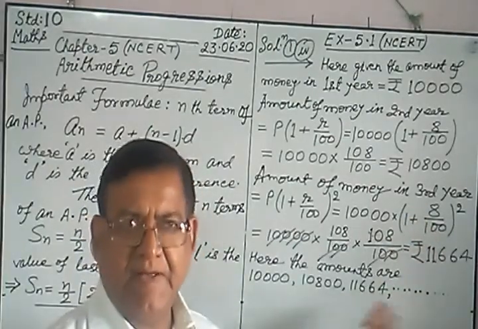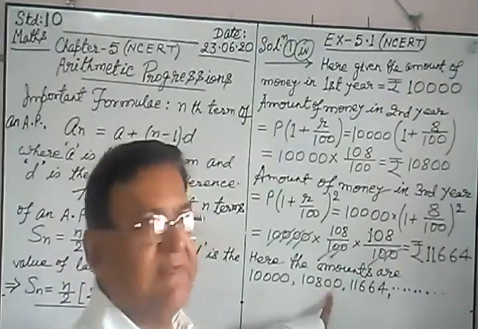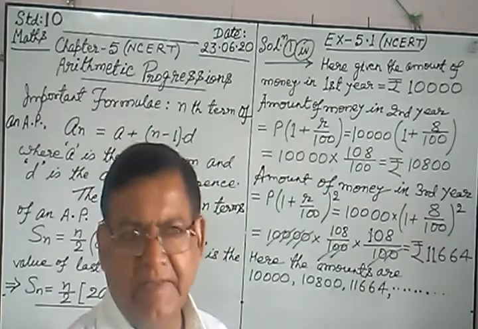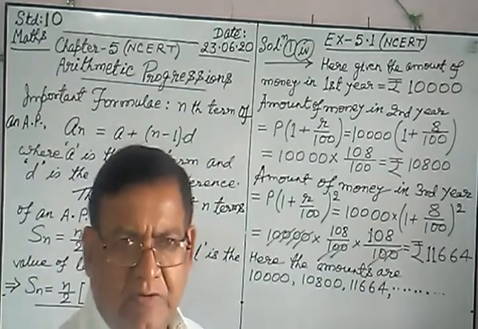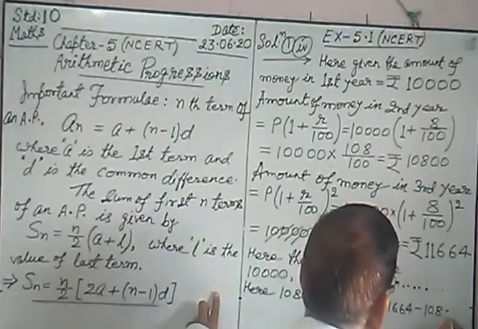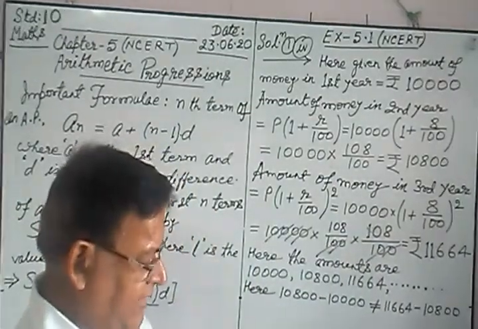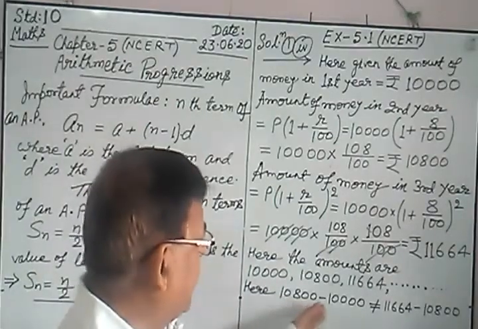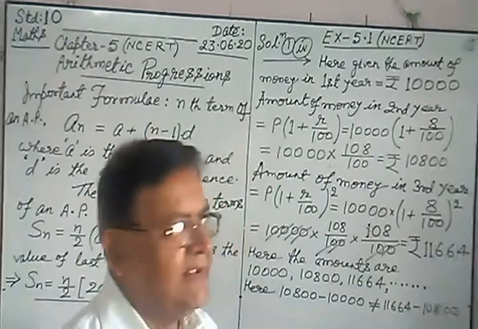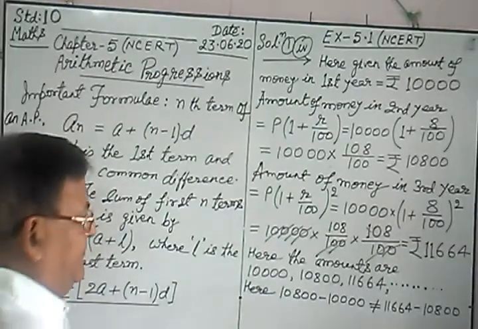But we see that the common difference is not the same, because when we subtract the first term from the second and the second term from the third, we do not get the same common difference. So this is not in AP. 10,800 minus 10,000 is not equal to 11,664 minus 10,800. Hence, the list is not in AP.